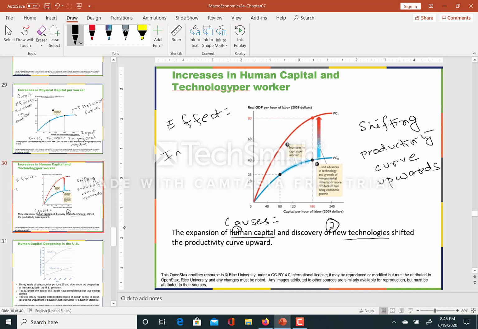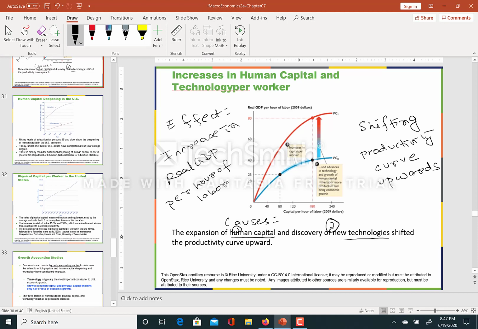So I'm just going to write down the effect here. The effect is increase in real gross domestic product per hour of labor.